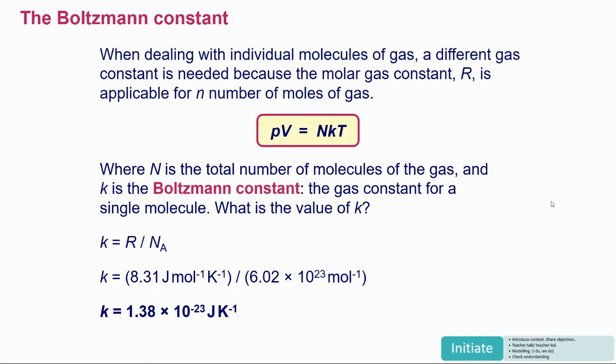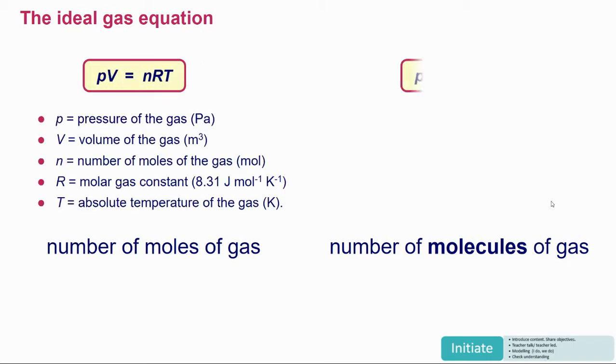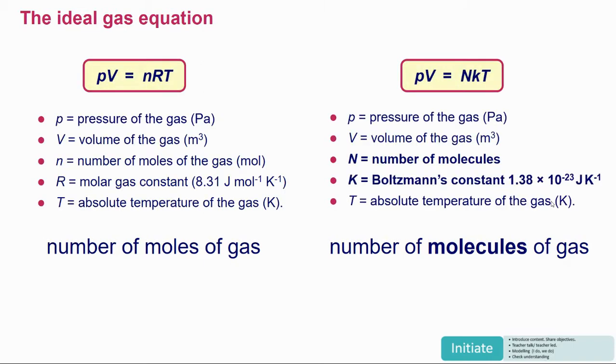All right, let's move on. So, putting both of these formulas side by side, look at this. They both follow the same form. The one on the left is dealing in numbers of moles. Remember, we can measure numbers of moles, and we can do that in the lab. The one on the right is talking about numbers of particles, where uppercase N could be any number of particles.